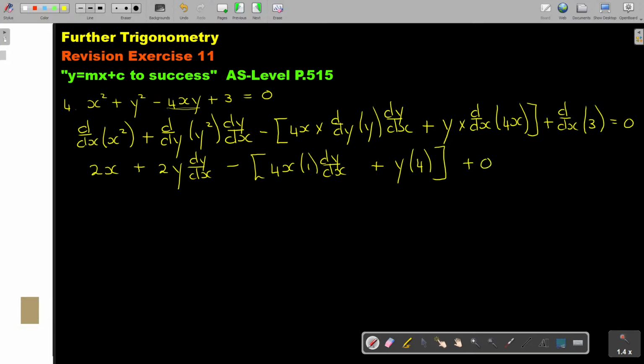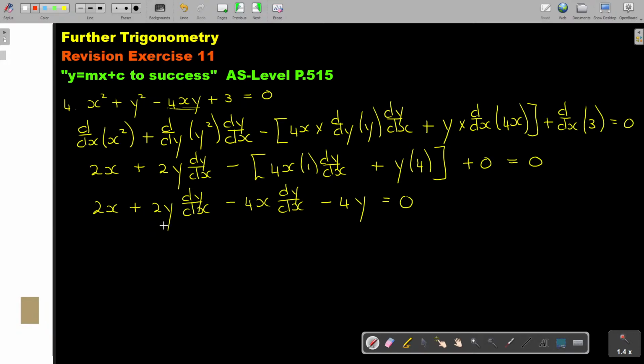And that is 0 and that is 0. So this is going to be 2x plus 2y dy over dx minus 4x dy over dx, and don't forget, a negative times a positive is negative for y, and that's 0.